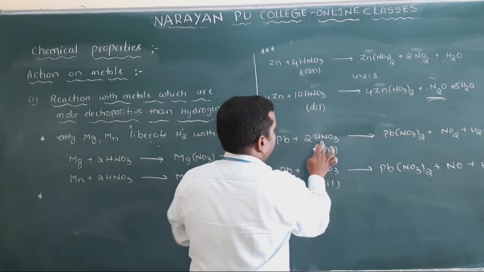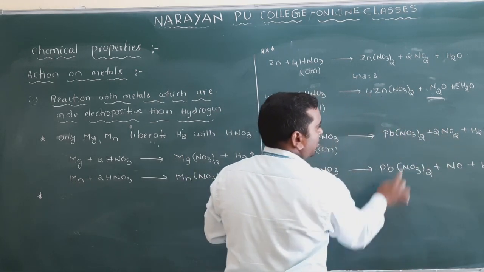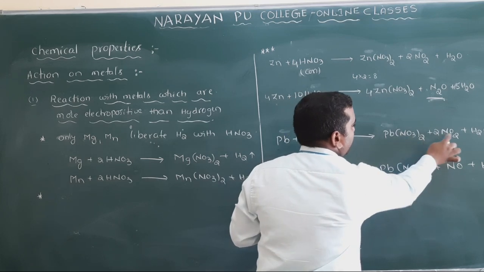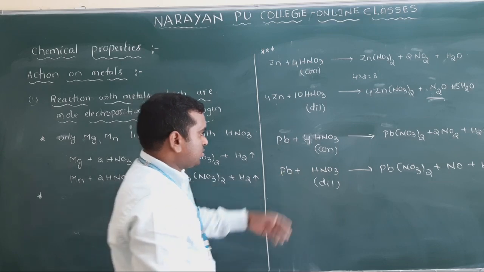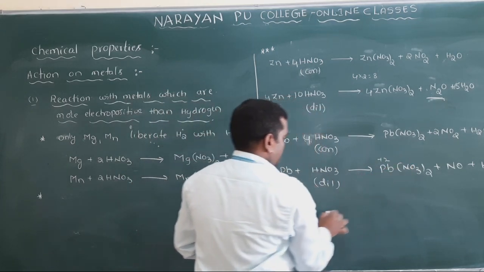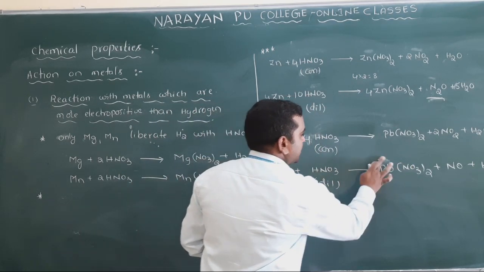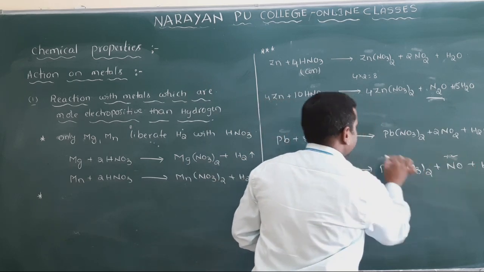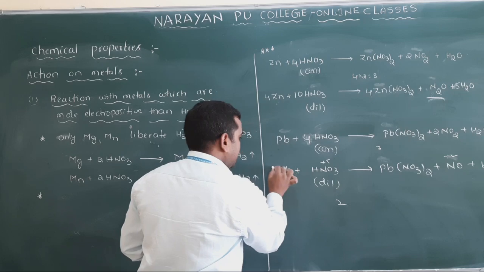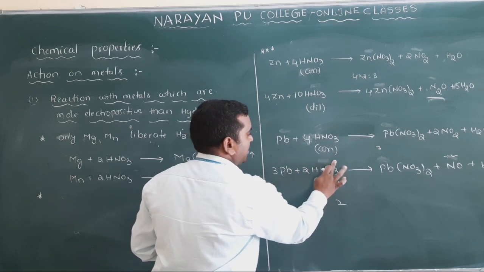If I multiply this one with the 2, I have to multiply this one with the 2 also. So how many nitrogen atoms are there? 2 and 2, 4, means I have to multiply this one with 2, then it becomes 4. Here also, plus 2, 0 to 2, 2 units increased here. Plus 5 to plus 2, how many units decreased? 3. So I have to multiply this one with 3 and this one with 2.